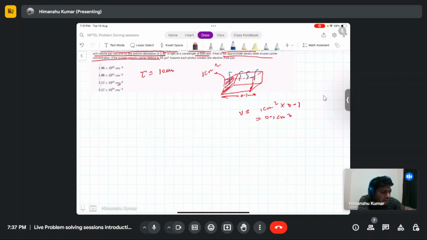So all the photons absorbed within the semiconductor are uniformly generating electrons and holes.